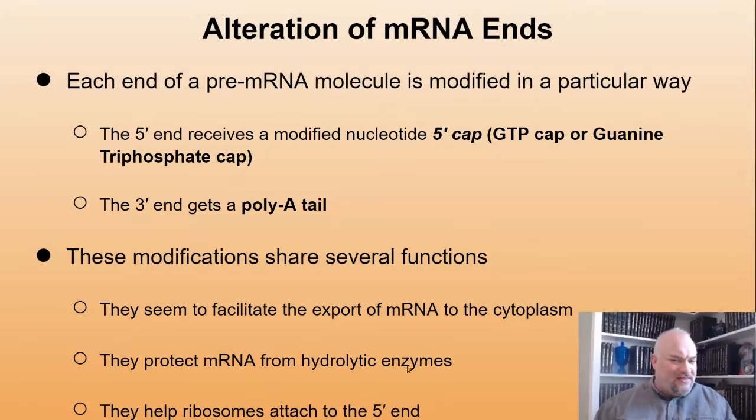And what we think those modifications do is help get the mRNA out of the nucleus and into the cytoplasm, kind of protect the ends so they don't get hydrolyzed by enzymes or start fraying and coming apart by the enzymes that are floating around in the cytoplasm. And they also help the ribosome attach to the 5' end, that 5' cap. It's a little like a docking port for the ribosome, if you will, onto the mRNA.